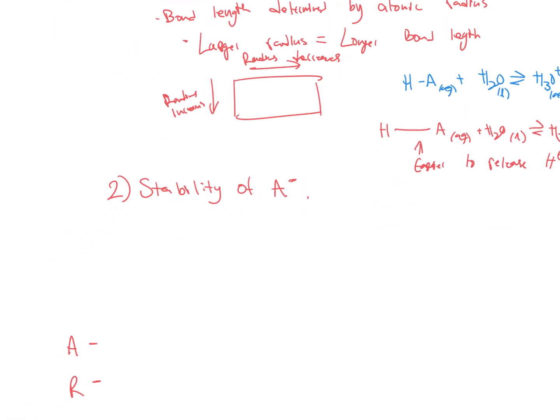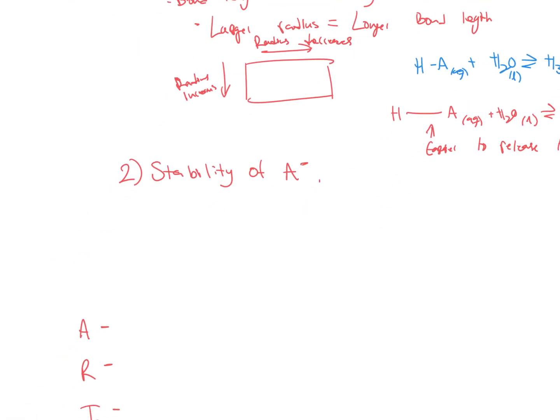The second thing that determines acidity is the stability of A-. So again, I'm going to draw out this reaction because it'll help us see what's going on. If we have HA plus water, we get H3O+ and our A-. This is what we're interested in in this case, our conjugate base.